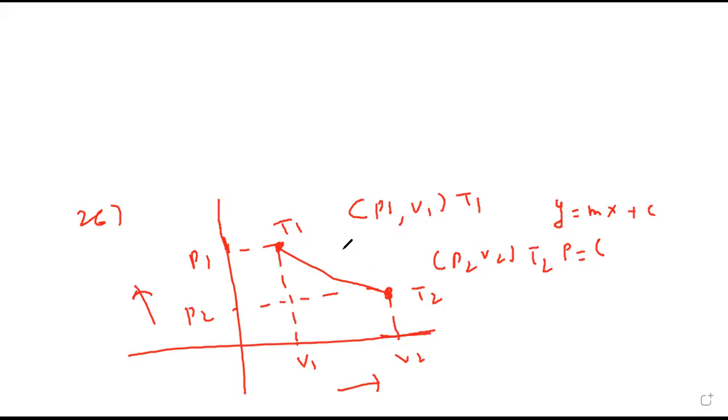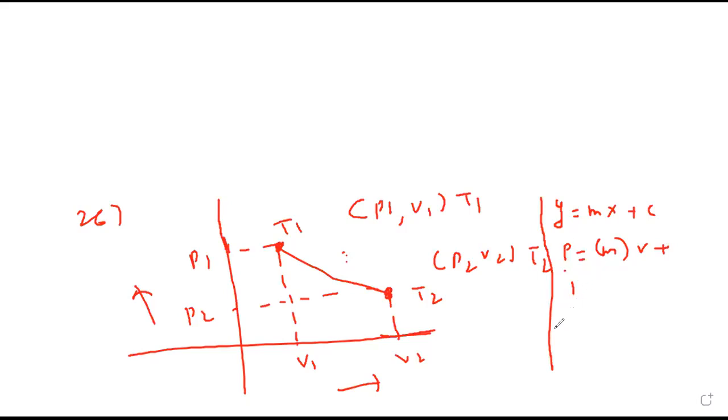I'm trying to find the equation of this line. So my y coordinate is P, x coordinate is V. Mx plus c. C means y intercept. So for the y intercept, you put x as 0, then you will get c.